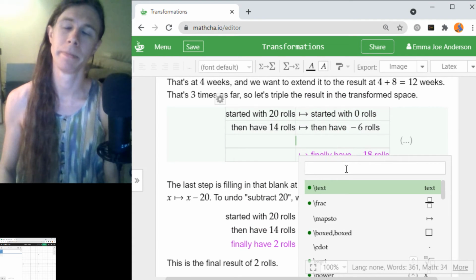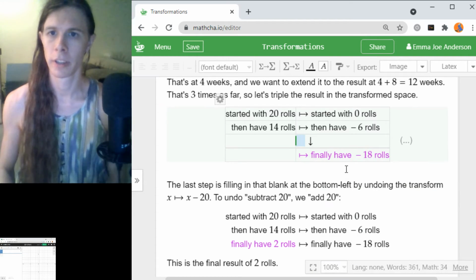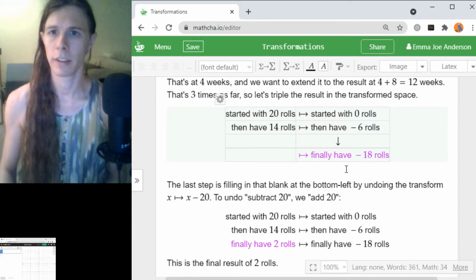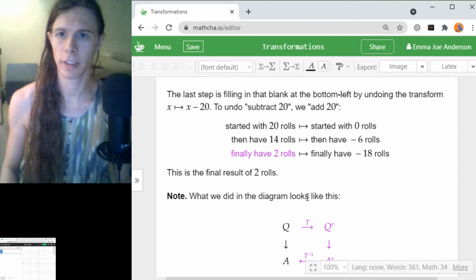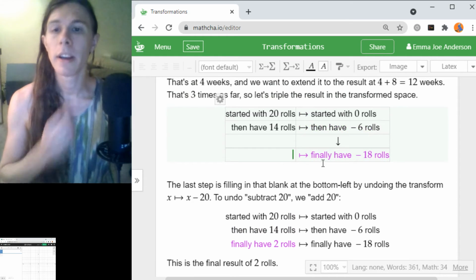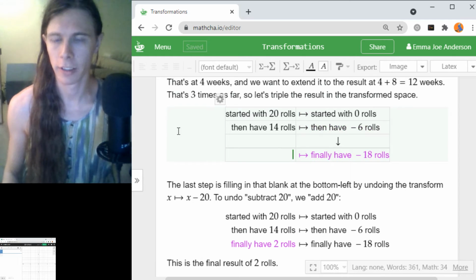A down arrow, out, and yeah, that looks good. That looks good. And then we undo the transform. Yeah, that looks right.